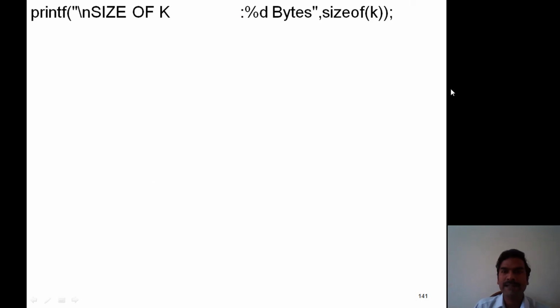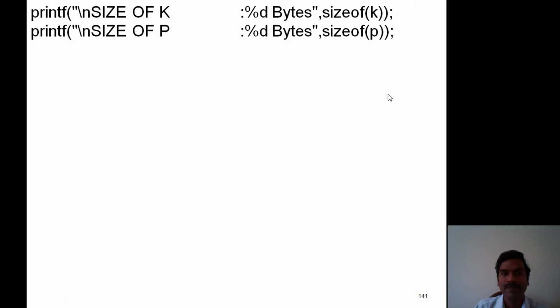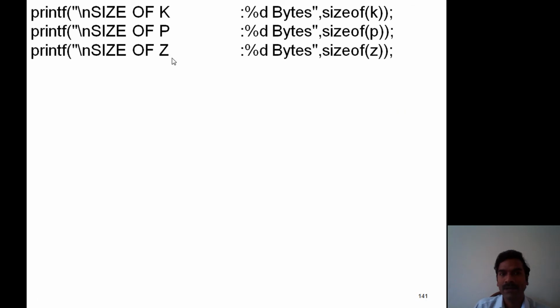The first stage, consider variable names. Now we are printing sizeof k, %d bytes. Now the format, sizeof k. Then variable p size, sizeof p.